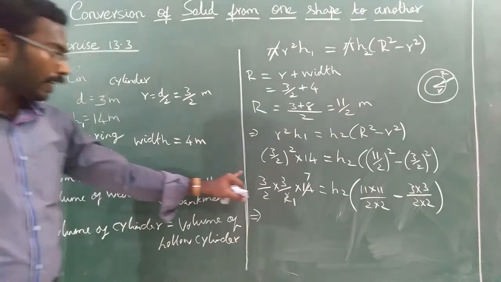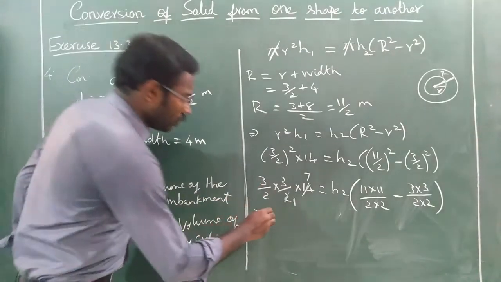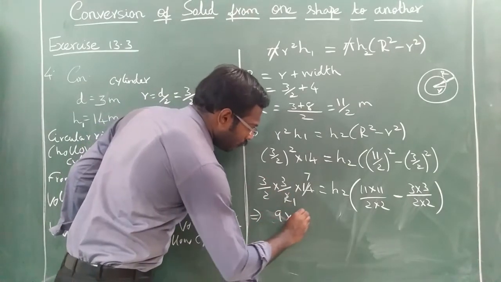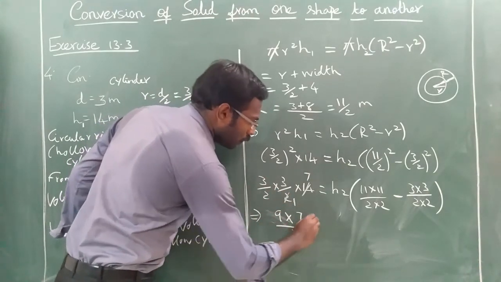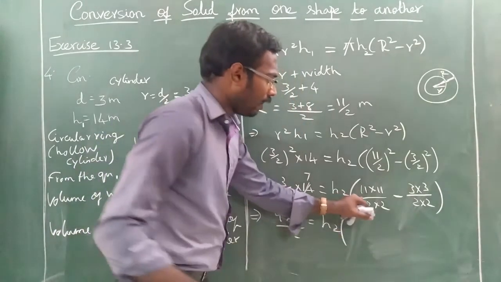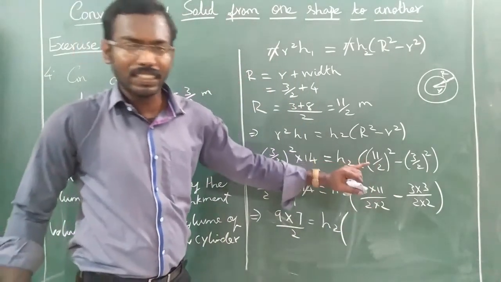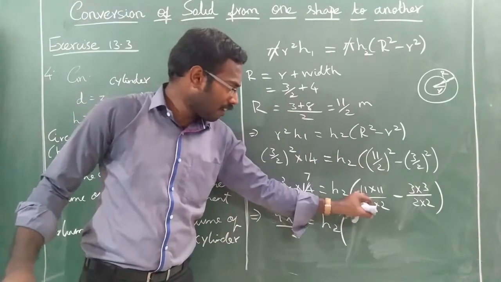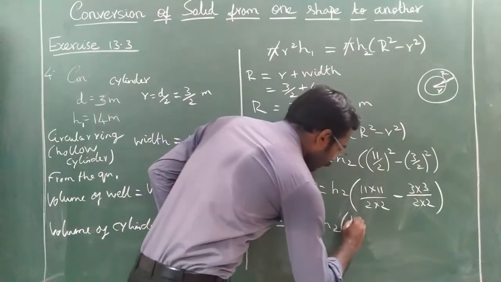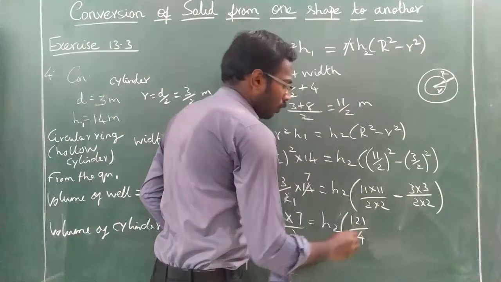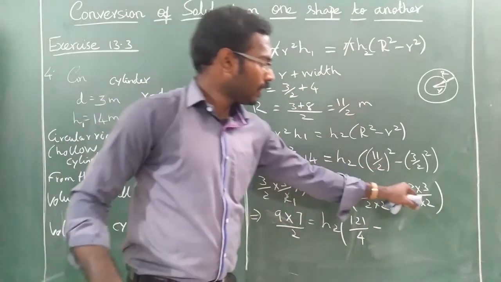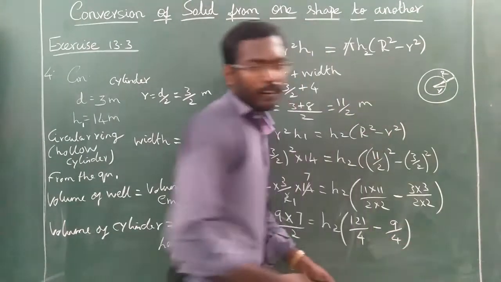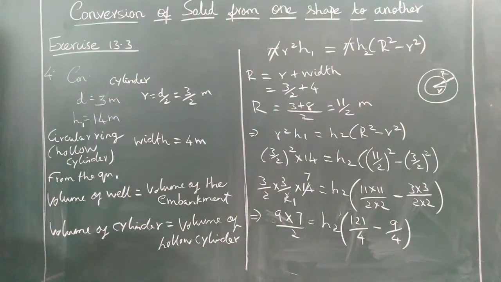So 3 into 3 into 7, 3 3s are 9, 9 into 7 divided by 2 is equal to h2. 11 into 11, are you all following me? It's very easy. 11 11s are 121, divided by 4, minus, here 3 3s are 9, 9 by 4. I will continue this on the next slide.